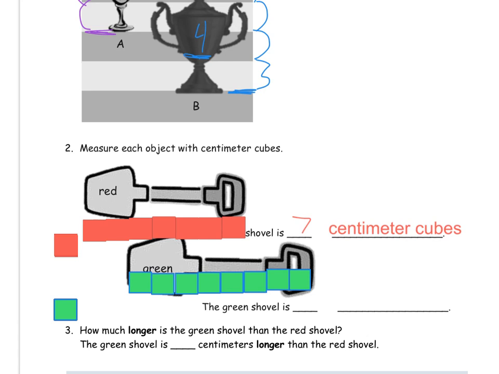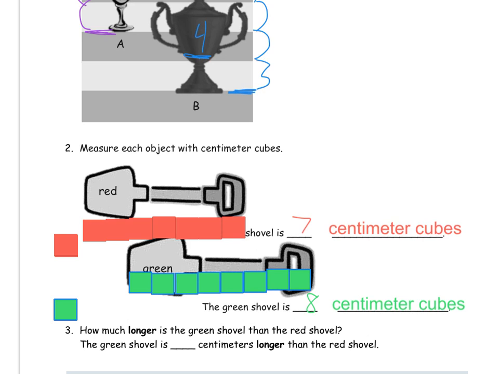So we have the green shovel is 8, and then again I need my units for it. So 8 centimeter cubes. Now at the bottom, how much longer is the green shovel than the red shovel?